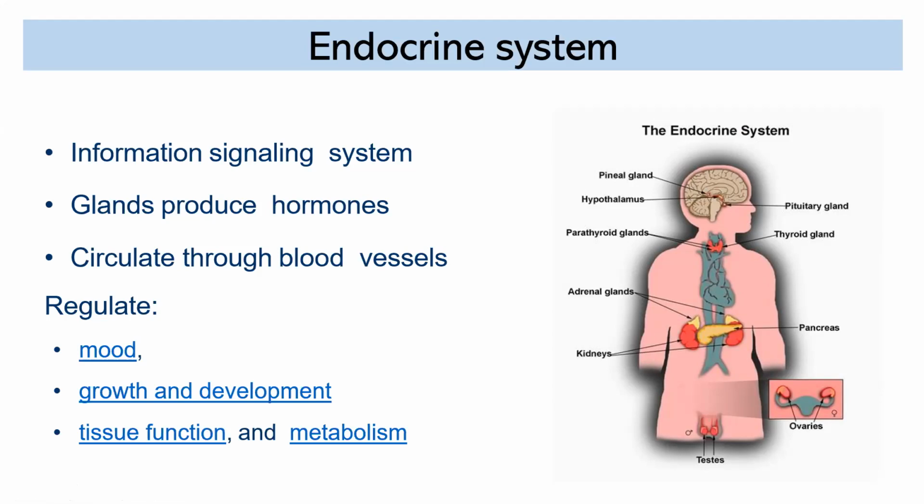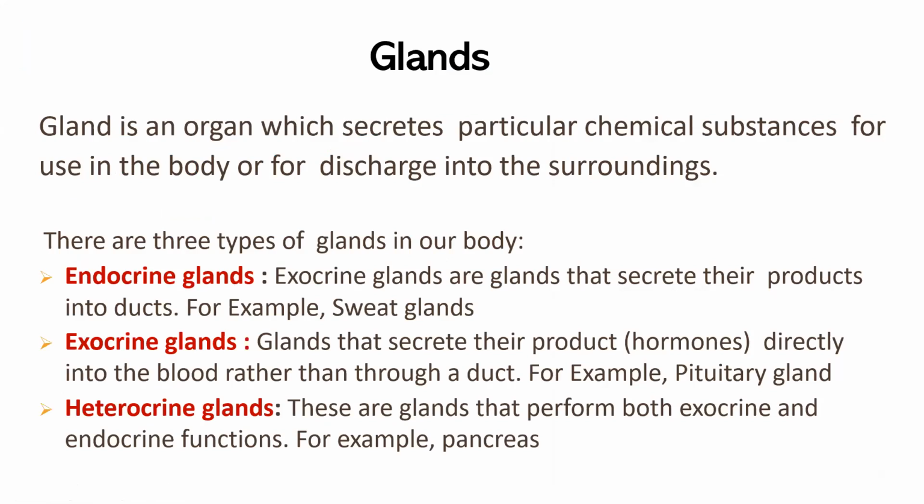The nervous system is releasing signals, which hit the glands, which then produce hormones. And then, as we said, they can regulate many things. So when we talk about glands, let's focus on what exactly a gland is. It's an organ which secretes a particular chemical substance for use in the body. A specific gland can release only specific things. And there are not just one type, there are three different types.